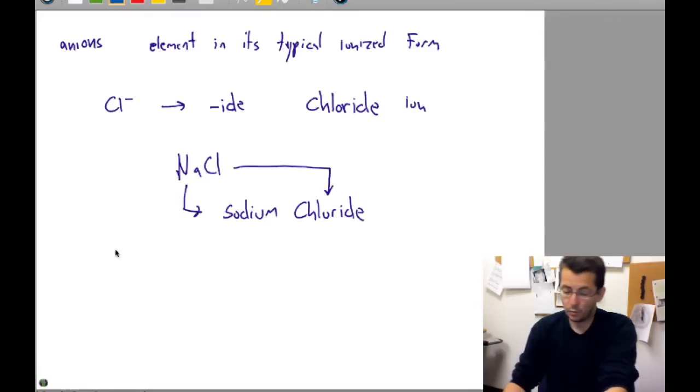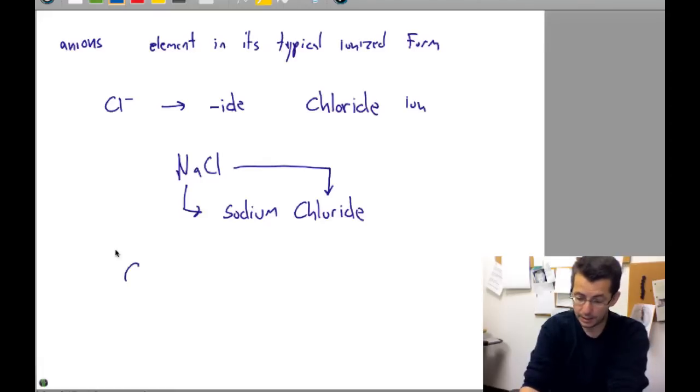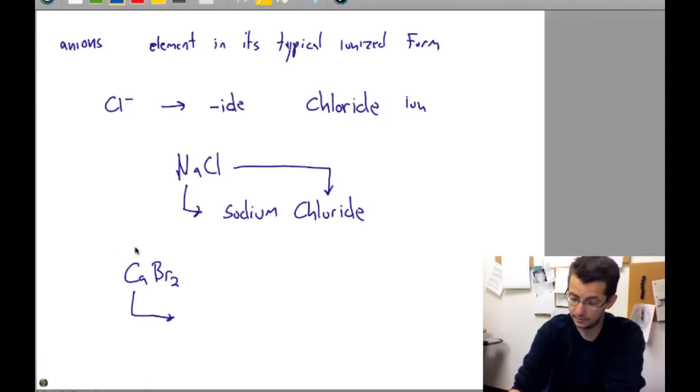What about something a little more complex? CaBr2. Again, this is the calcium ion. It's implied that this is really Ca2+, and contained within that are a bunch of bromines, each of which has a -1.